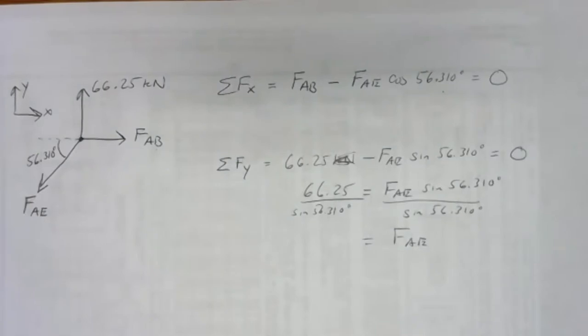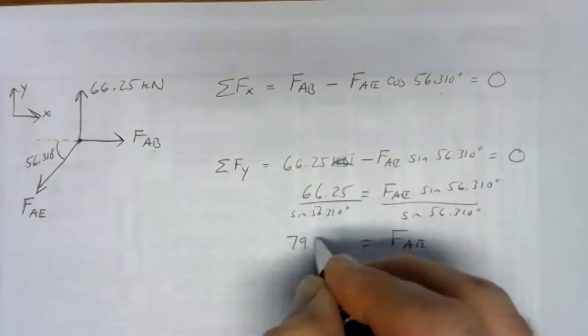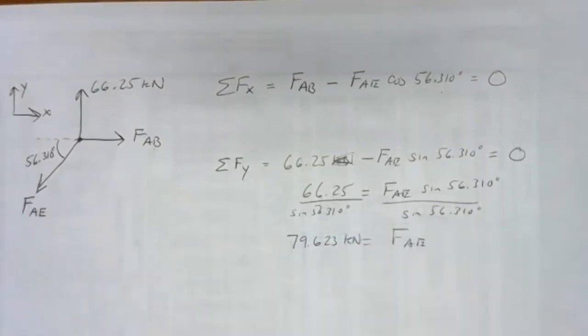So FAE is 66.25 divided by the sine of 56.310. We end up with 79.623 kilonewtons. Came out positive, so we know we've got the correct direction.